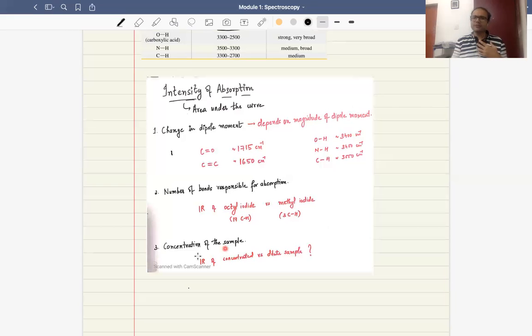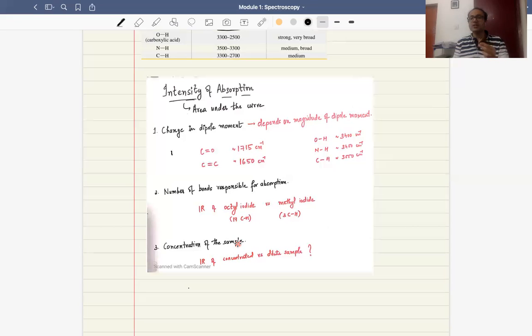Similarly, when we talk about concentration of the sample, if the sample is concentrated, obviously the bonds present would be larger in number. So that also can lead to a more intense absorption. Often when we do experiments in the lab and we get samples in a very small amount, and we try to take the IR of that molecule, since we give a very small amount for detection, the peaks are pretty less intense.